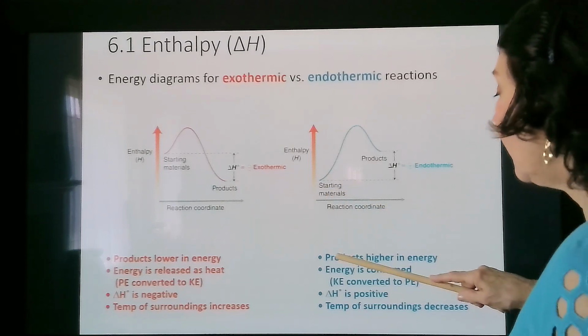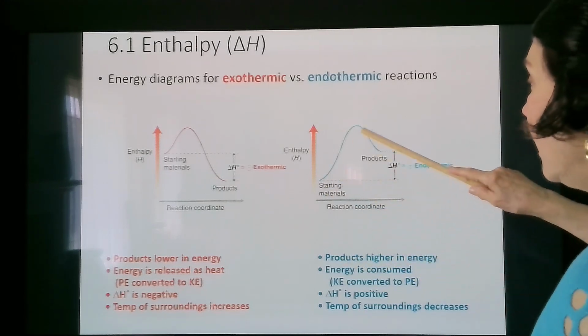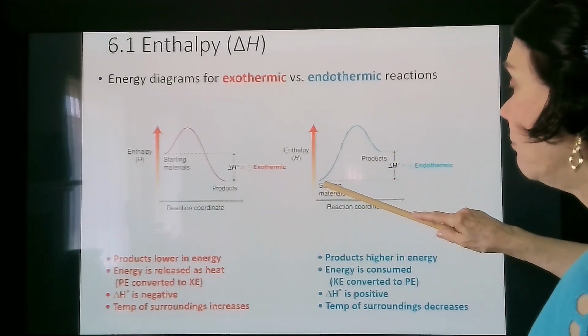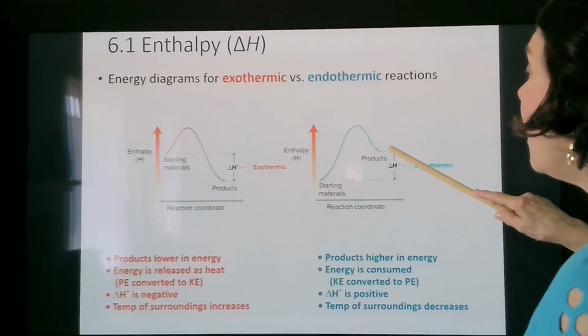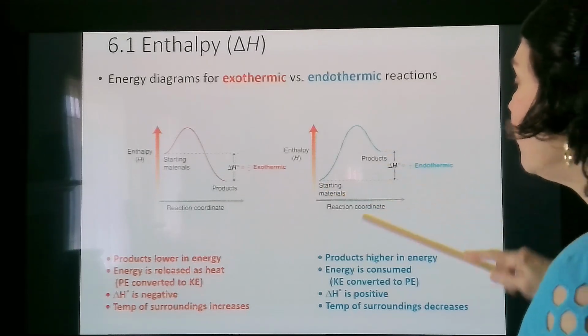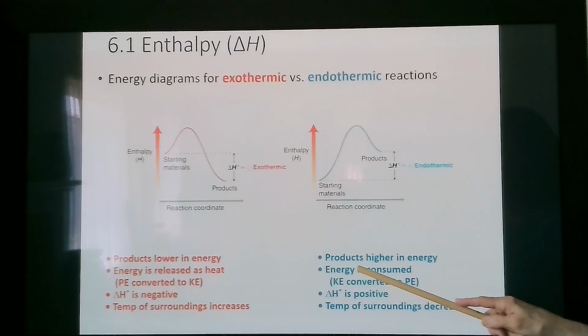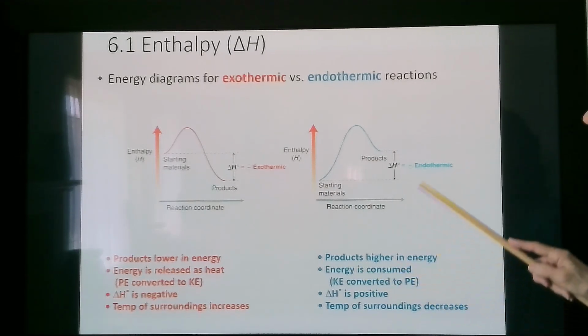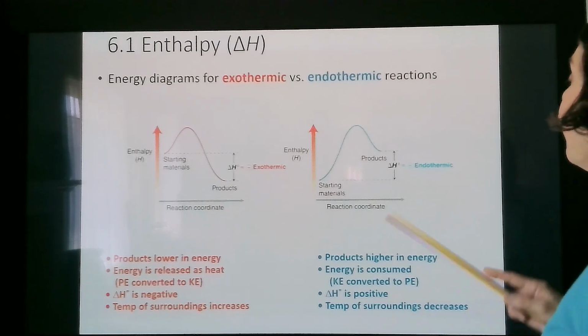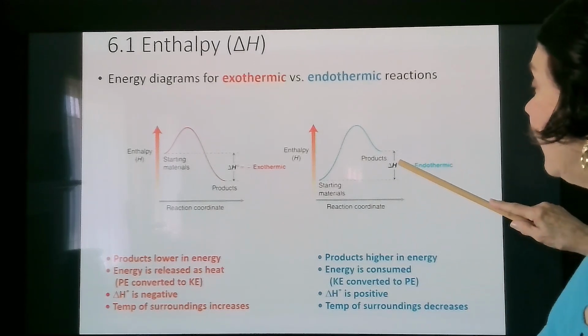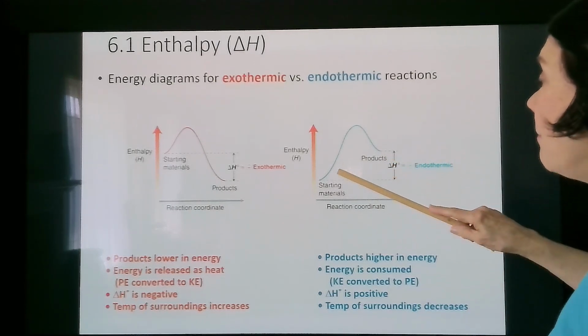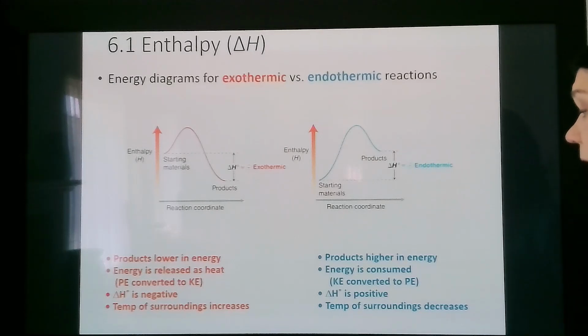Here, the products are higher in energy, so you've got some bonds being broken in the starting materials, new bonds that have been formed in the products. And so the energy is consumed from the surroundings, so from the solvent. This is endothermic in that energy is taken up by the reaction.